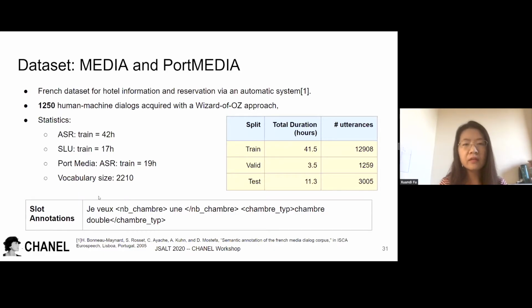The main difference from the Fluent Speech dataset is that it has a much larger vocabulary size, and it also uses a different slot format, as in the example here. It encloses the words corresponding to the slot value in these two brackets to represent the slots.